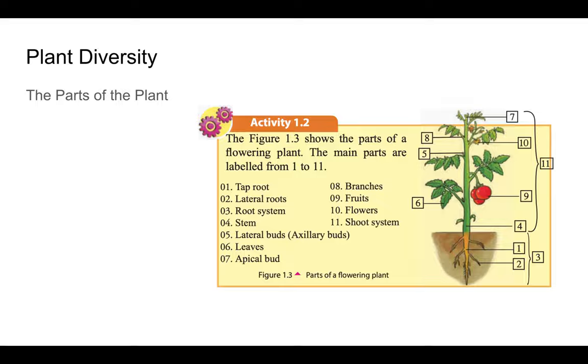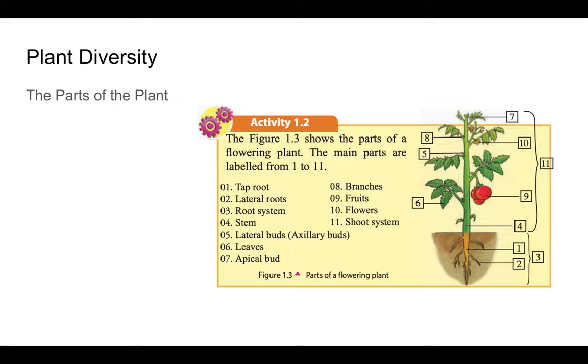The first one is the taproot. The taproot begins from the base of the plant, and lateral roots start from the side of the taproot. Third, the root system. The root system is the taproot and the lateral roots. This plant has a taproot system. Some plants have a fibrous root system.